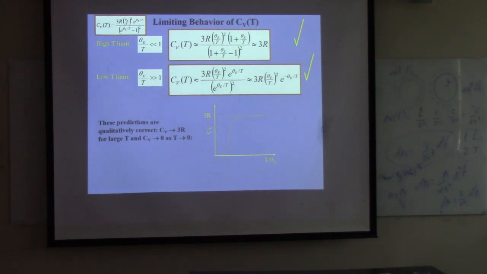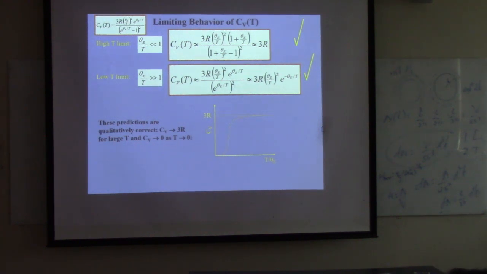This one, n(omega), is now some constant times omega squared, right? So this one has all these functions: a constant, then theta_E over T, then theta_E over T divided by the exponential minus 1, squared. That's it.